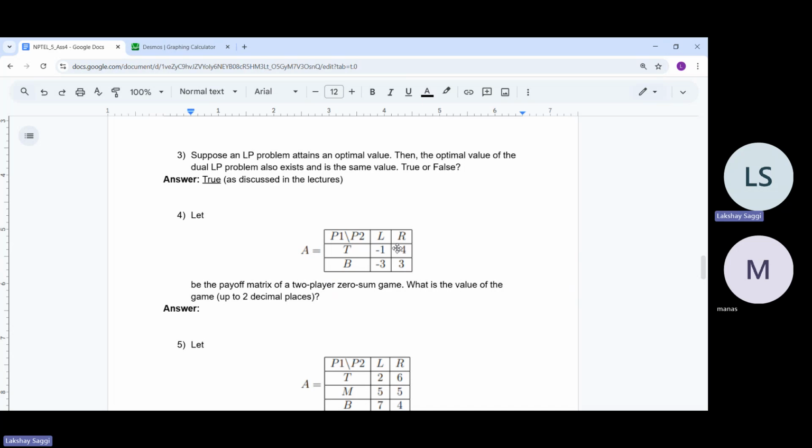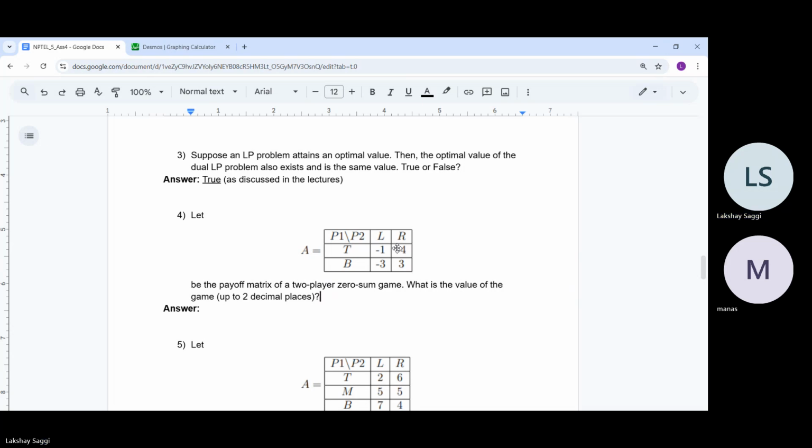We need to find the pure strategy saddle points, or the mixed strategy saddle points, whatever exists for this game. We'll try to find the mixed strategy saddle point because that's what the value of the game corresponds to, right?